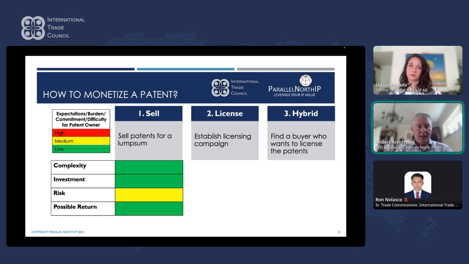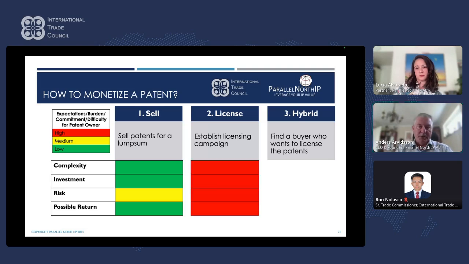The risk is that you fail to find a buyer, so then you have perhaps wasted your time. The possible return is that you will get the money up front, perhaps not as much as licensing the patent would give, but over a shorter time period.